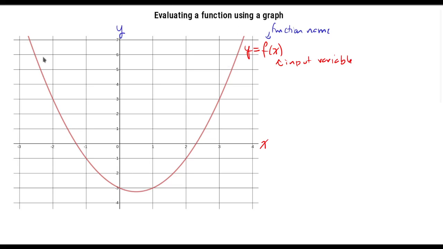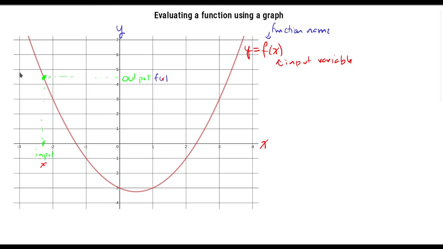And what this graph means is that if I pick any point on the curve, the x-coordinate is the input value, and the y-coordinate at that point is the output. So input, output, and if the input was x, the output would be f of x.